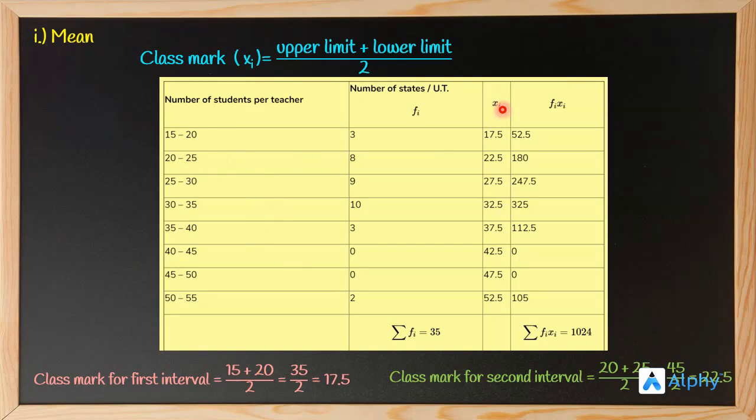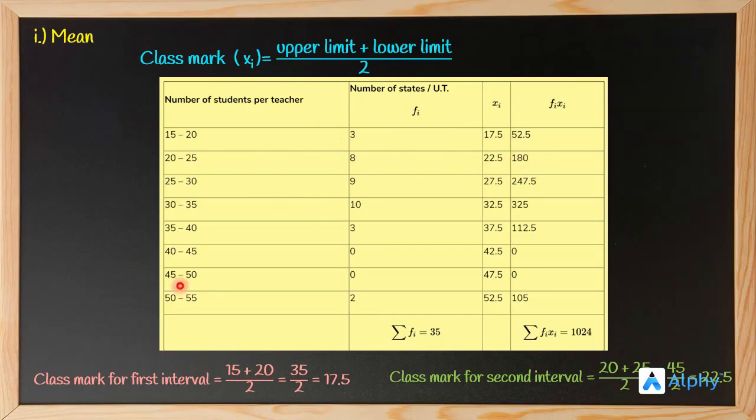Now our next step is to find the product of the class marks with their corresponding frequencies. For the first class interval, if we multiply 3 and 17.5, we will get 52.5. For the next class interval, if we multiply 8 and 22.5, we will get 180.